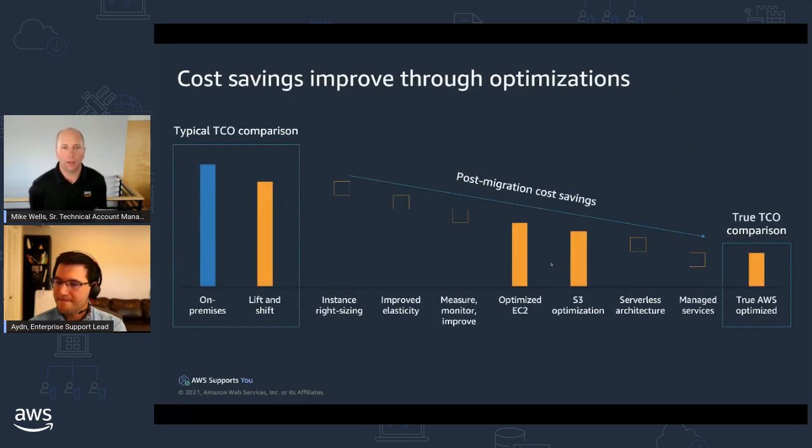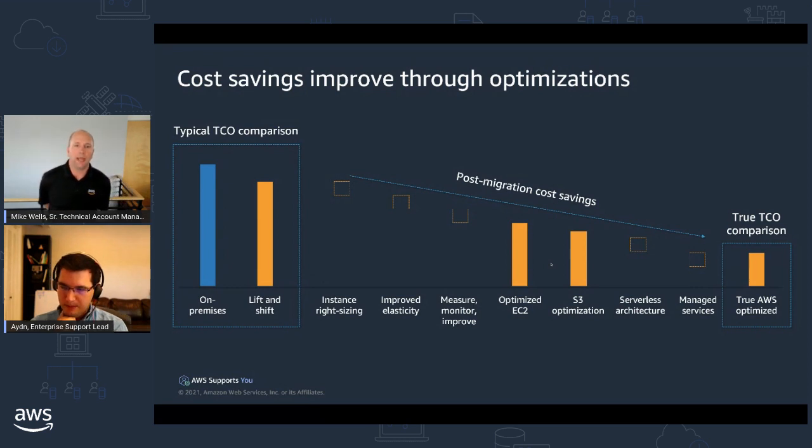Yeah. So let's talk about cost savings and how they improve over time through optimizations. CIOs tell us that cost is not the key factor in their decision to move to the cloud. Agility and innovation are usually at the center of their motivation.